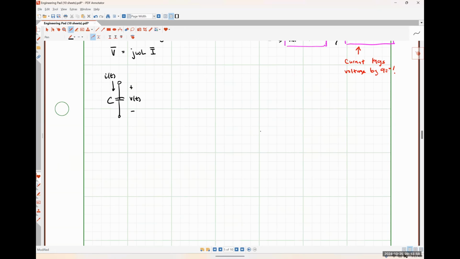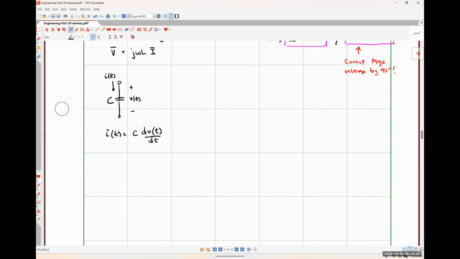So what's the relationship between current and voltage in a capacitor? Derivative based, please. So the current in the capacitor is equal to C times the derivative of the voltage drop across the capacitor.